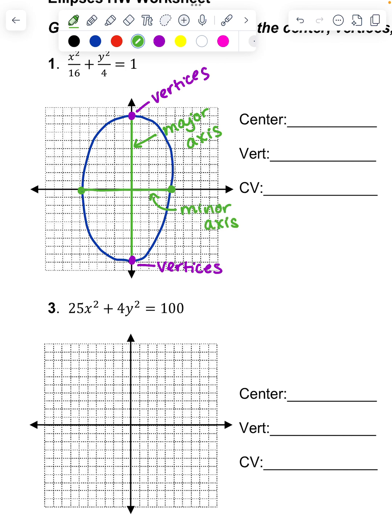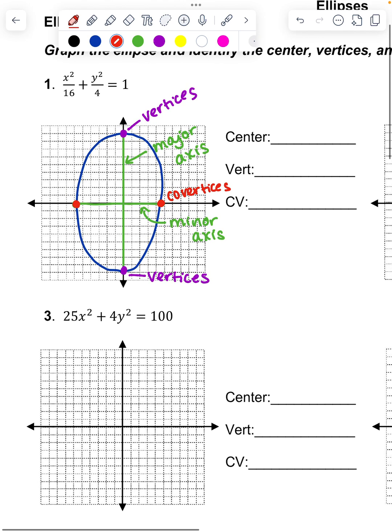And on a minor axis, we have 2 co-vertices. So when the worksheet asks what are the vertices and what are the co-vertices, the vertices lie on the longer line and the co-vertices lie on the shorter line. I'd pause this and get this written down so you have all this terminology.